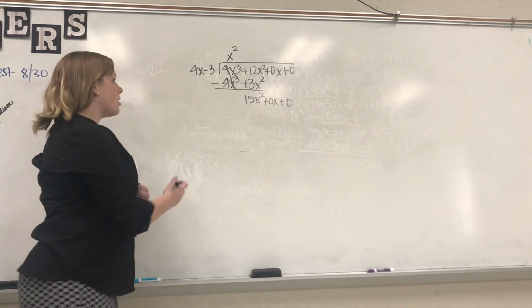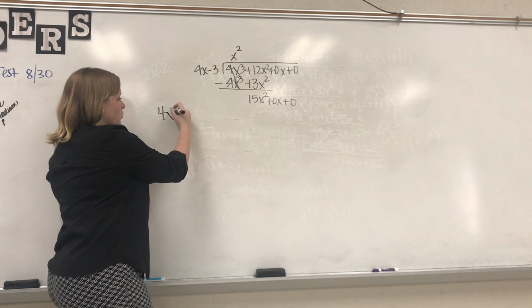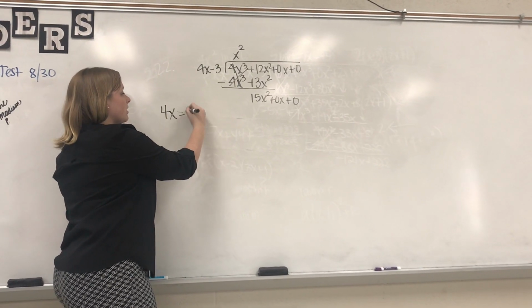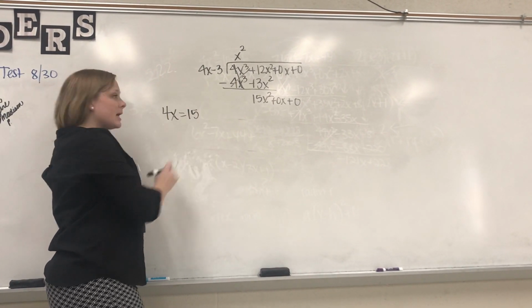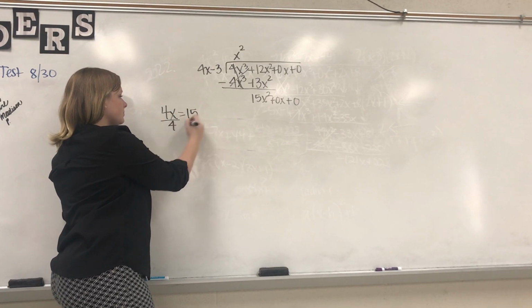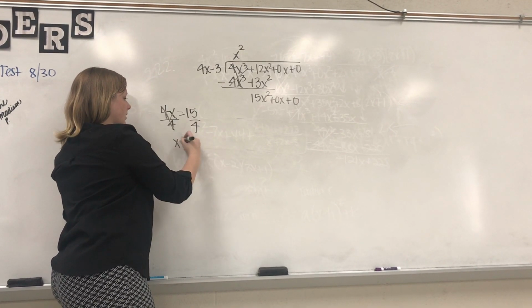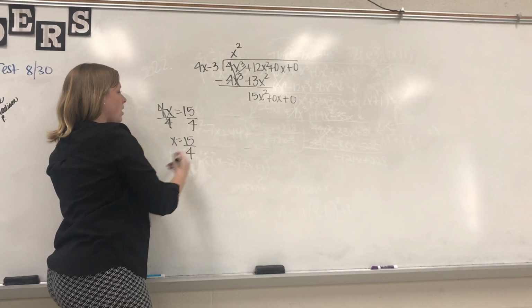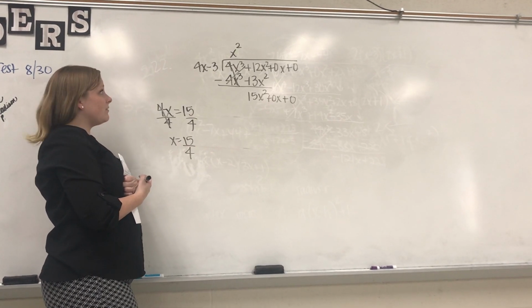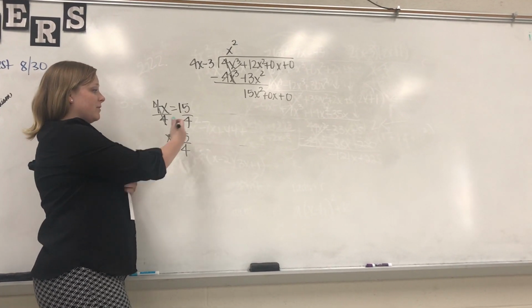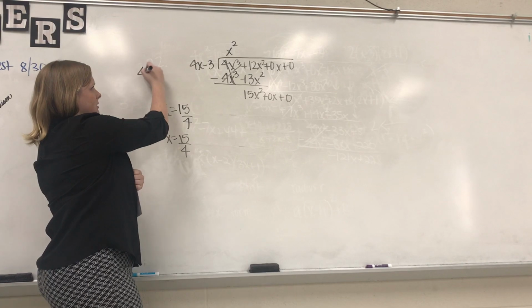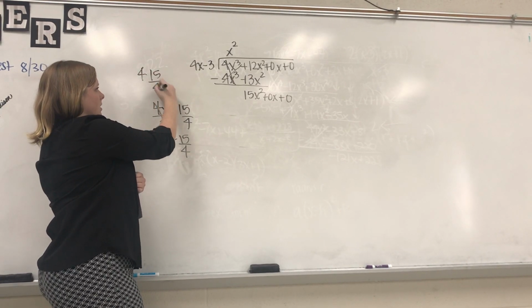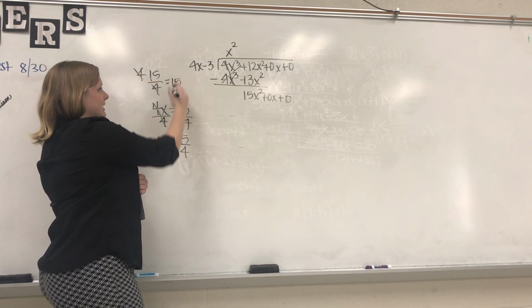So what I do is I say, okay, 4 times what will give me 15? The way to get to 15 with a 4 is to multiply by 15 fourths. Does that make sense? 4 times 15 fourths. Those will cancel and leave me with just 15.